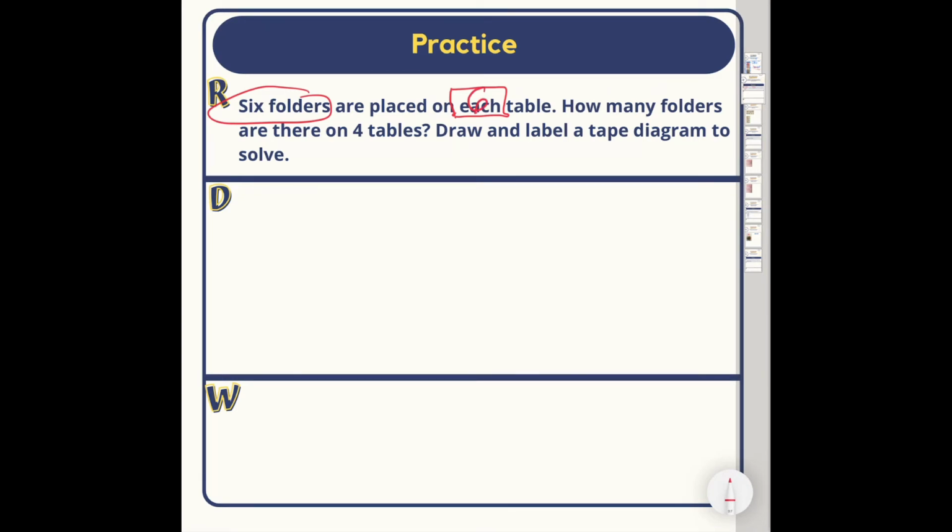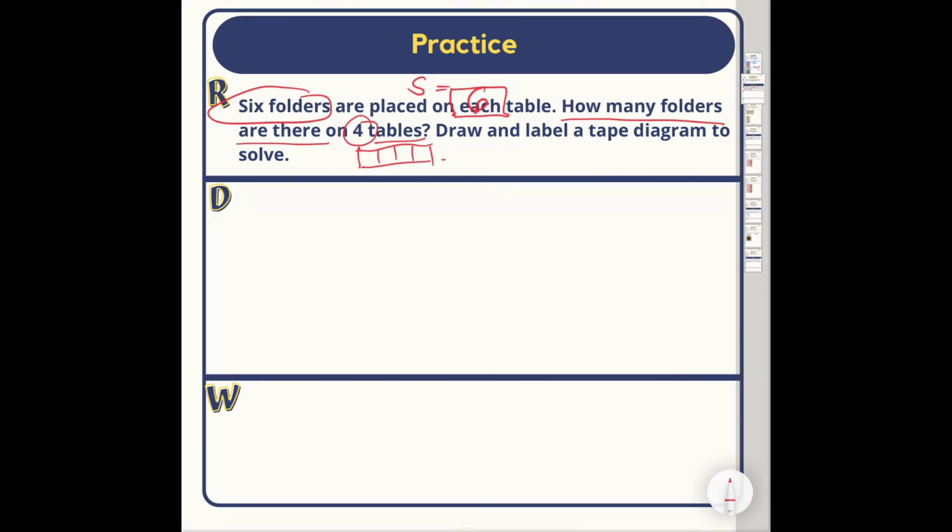Now I know that since it's inside a box, this is my size. It says, how many folders are there on 4 tables? If I'm going to have 4 tables, I am imagining that this is my 4 tables model.